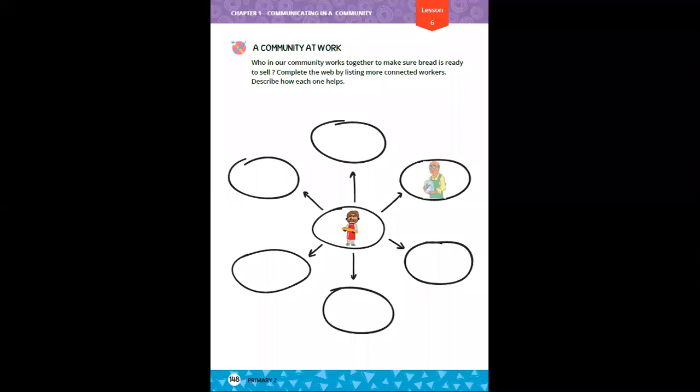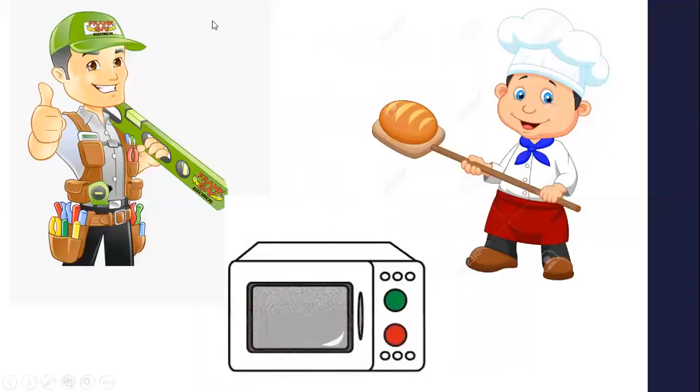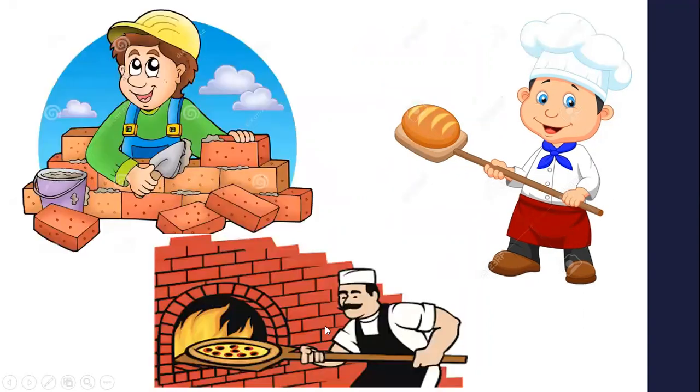The grocer sells the flour to the baker. The baker may connect with an electrician if the electric ovens are used to make bread. Or he can connect with a bricklayer if wood-fired brick ovens are used to make bread.